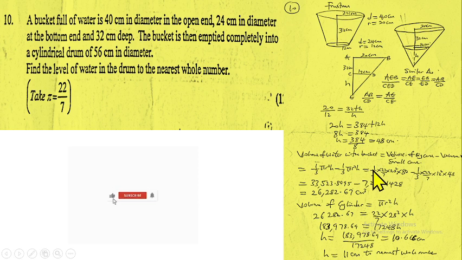So if we simplify this with your calculator, we have 33,528.8095 minus, if you simplify this one as well, you have 7,241.1428, which if you subtract, you have 26,287.6667 centimeter cube.